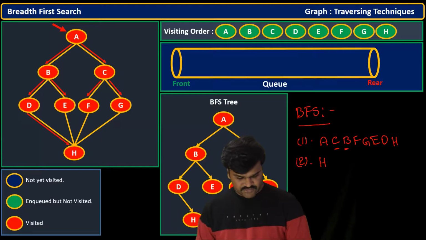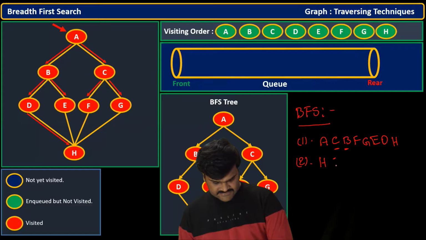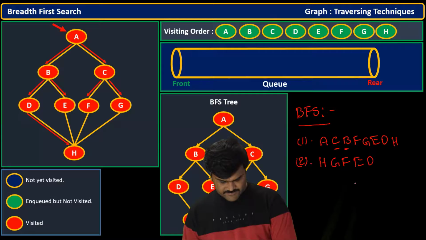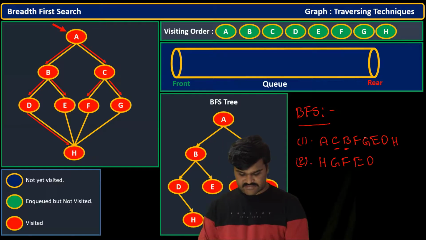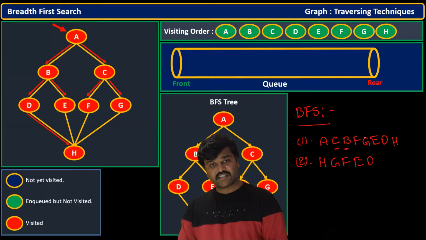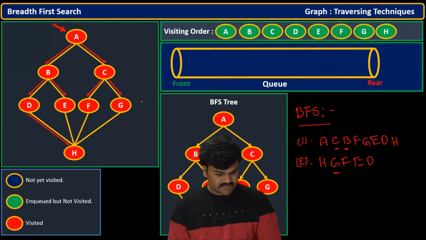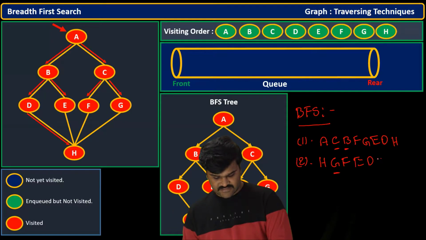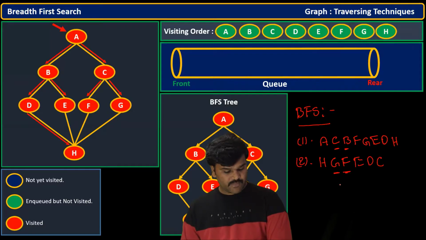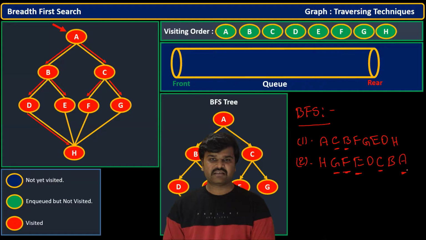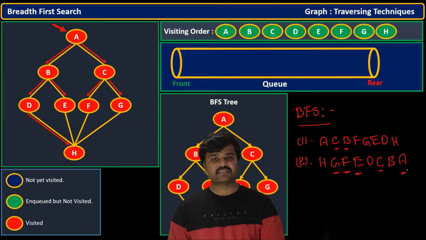So I am going to take reverse order, that is G, F, E and D. Based on your initial permutation, accordingly next vertices will be there, because next you are going to visit G, which means first you are going to enqueue C. And of course F is not going to enqueue anything, but next E is going to enqueue B, and then of course C will enqueue A next. So these are different possible BFS orders.